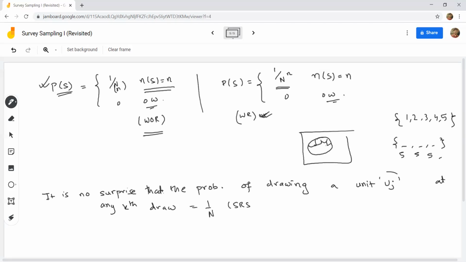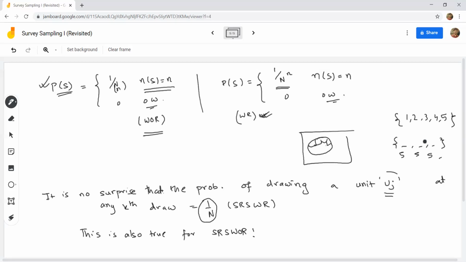We already saw that we are replacing it back into the population, so the probability of drawing any unit UJ at any draw is always 1 by N. There is no trickery involved here, right? The thing is that this is also true for SRSWOR. So the probability will not decrease in any way or increase in any way, right?